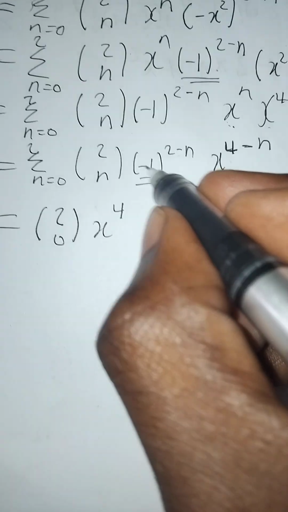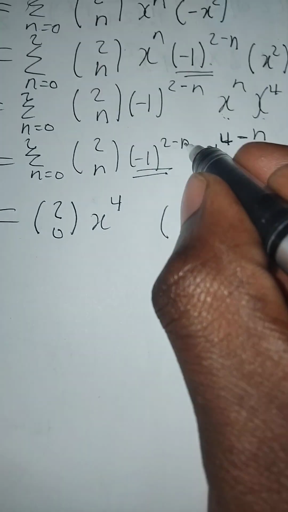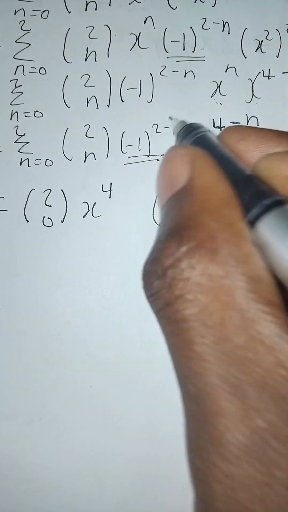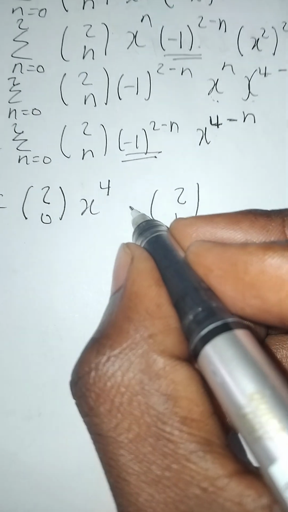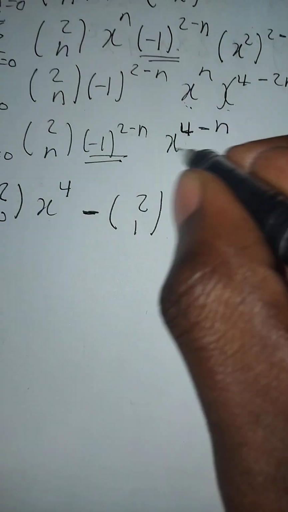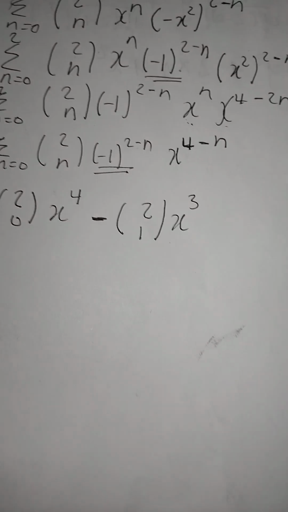Then combination of 2 and 1, right? Then when n is 1, it is 2 minus 1, so minus 1 to the power 1, that is going to be minus 1. So that's where we now get a negative there. Negative 2 combination 1. Then x to the power 4 minus 1, that is x to the power 3. Okay.